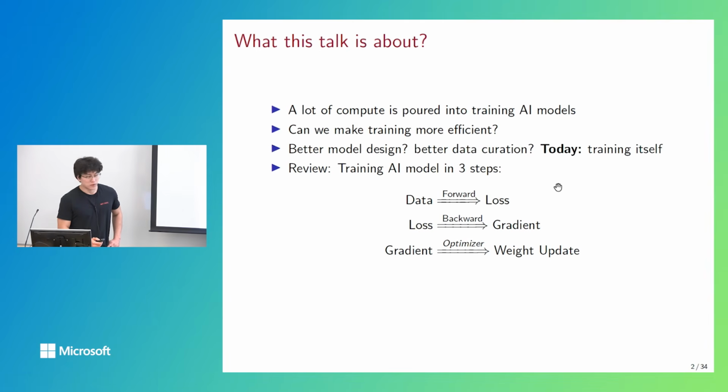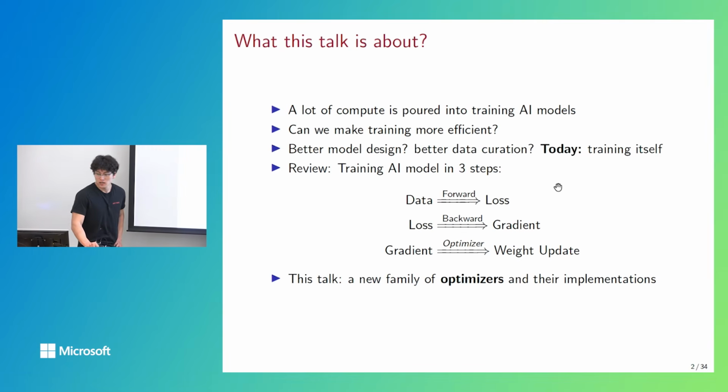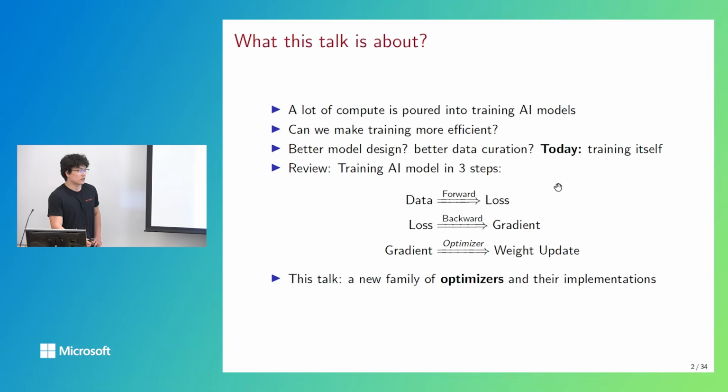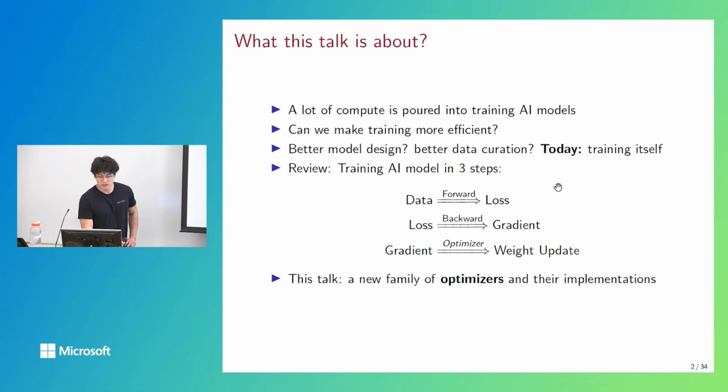And today we're going to focus on this optimizer part of training specifically, because it's giving you the weight update to get the optimal parameter configuration. So in particular, today we're going to talk about a new family of optimizers and their implementations.